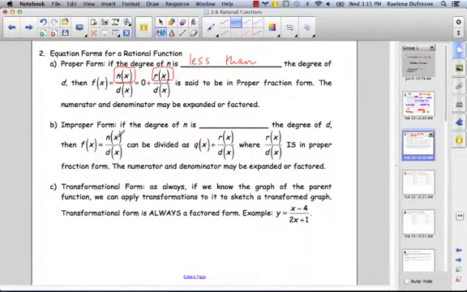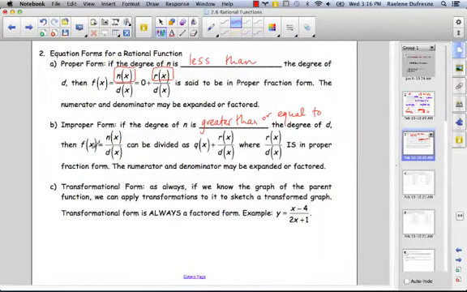For the improper fraction form, the degree of the numerator is greater than or equal to the degree of the denominator.